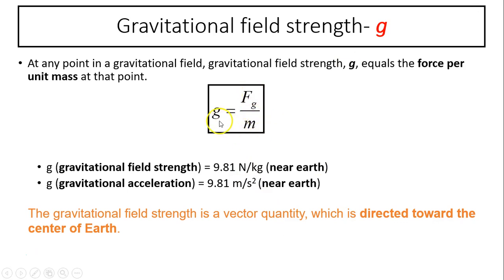And from Newton's second law, acceleration is net force over mass. That's why gravitational field strength and acceleration have the same number, and the units are the same too. For gravitational field strength we use newtons per kilogram, which is meters per second squared. So g has two names, gravitational field strength and gravitational acceleration. The gravitational field strength is a vector quantity directed toward the center of the Earth. Acceleration is also a vector quantity. It has the same direction as gravity, which is to the center of the Earth.